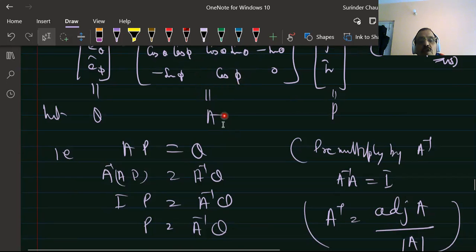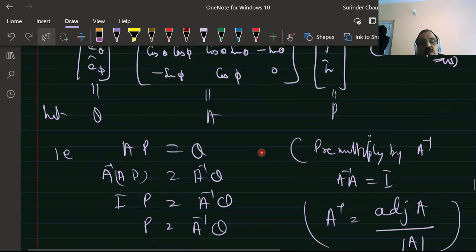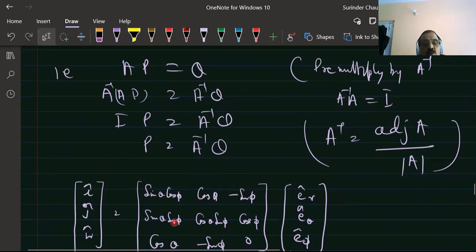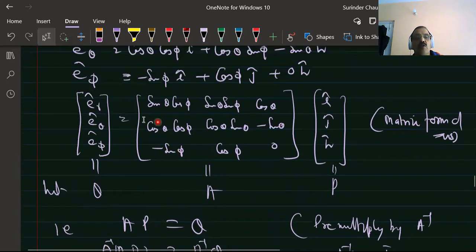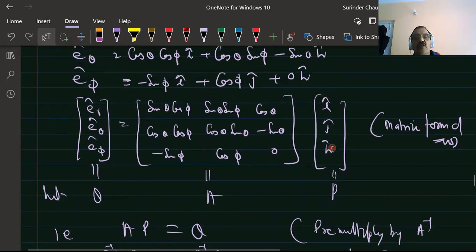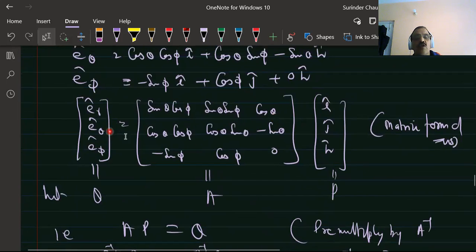Therefore, the determinant of A, the Jacobian of the transformation with respect to r, theta, phi, is not equal to zero. So we can find the inverse. Multiplying by the inverse, A inverse A P is equal to A inverse Q, so P is equal to A inverse Q. Finding the inverse and multiplying, you can convert unit spherical vectors into unit Cartesian vectors, and also Cartesian to spherical.